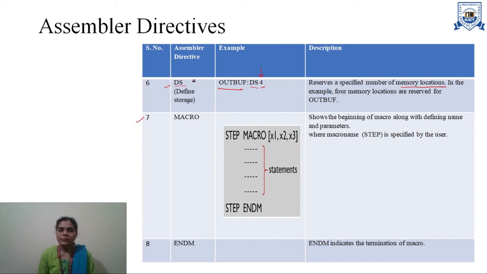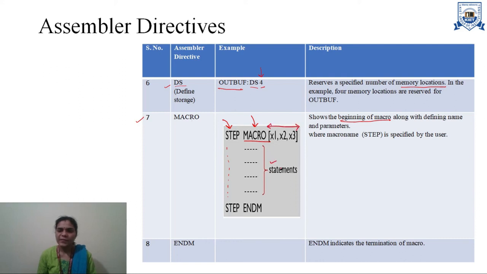So the next assembler directive is MACRO. MACRO is basically used to define a macro. It shows the beginning of the macro. Here a name, STEP, of the macro is given. Then the MACRO keyword specifies that these statements belong to a macro, or that we are defining a macro with some arguments.